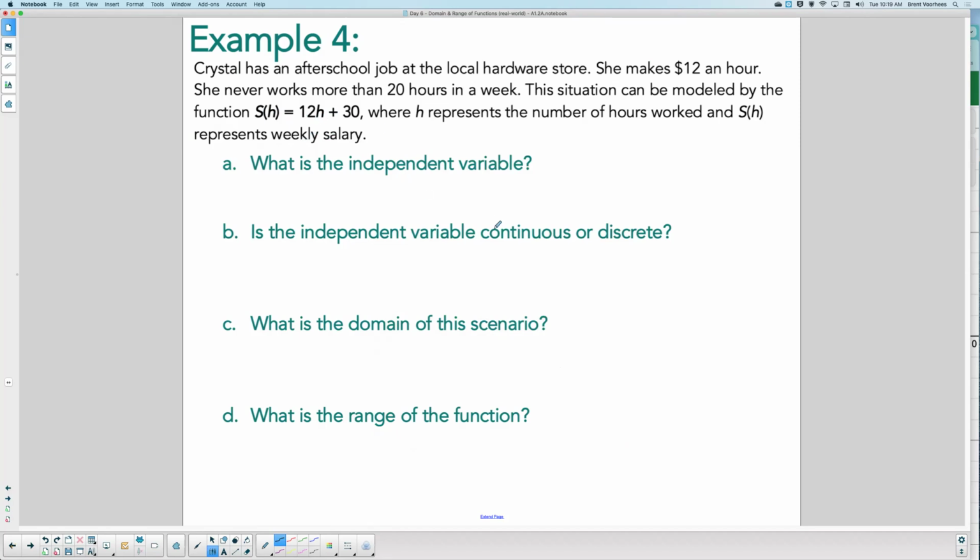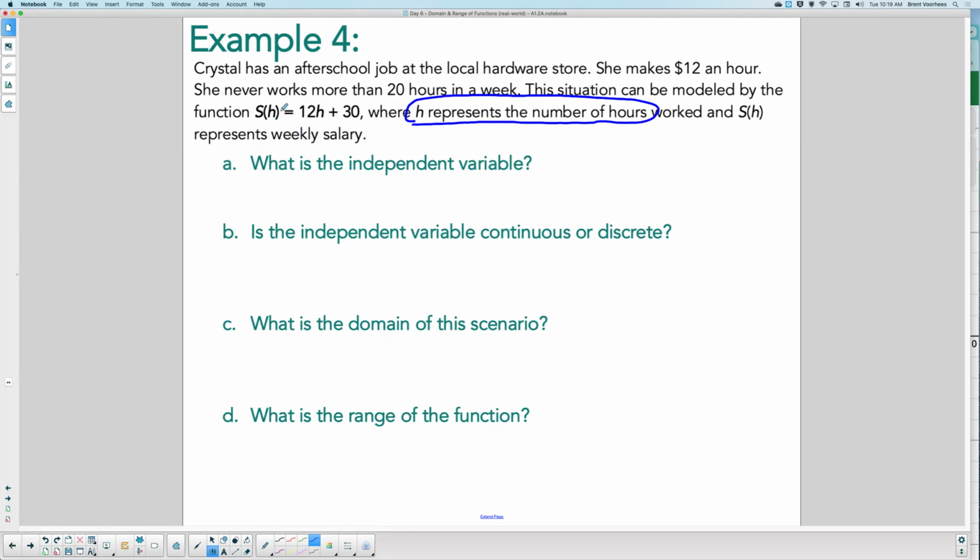Okay, in this problem, what letter represents x? What letter represents the x? H. Okay, circle that up. We remember we've been circling that up? H represents the number of hours worked. What represents y?